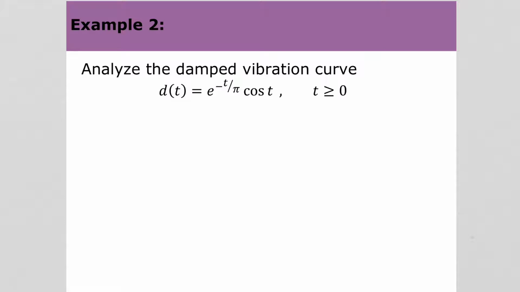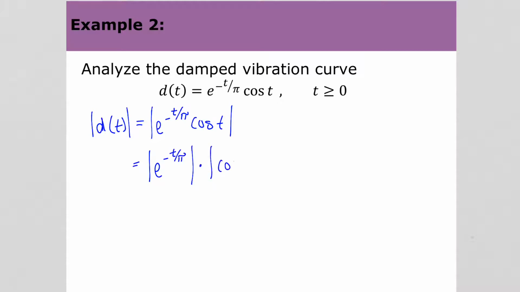Our restriction is the absolute value of d(t), so we're taking the absolute value of our function. It's kind of hard to do all together, so we're going to split it up. It's the absolute value of e to the negative t over pi times the absolute value of cosine of t. It's the same thing.